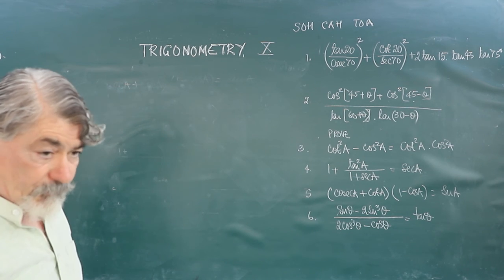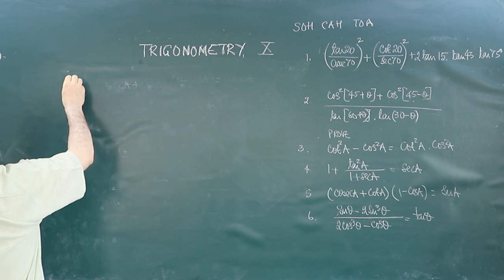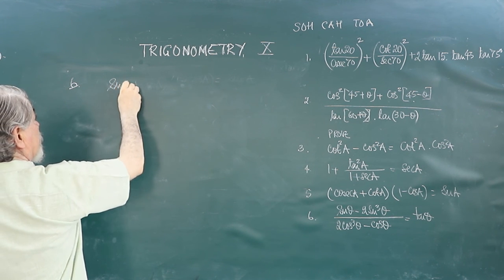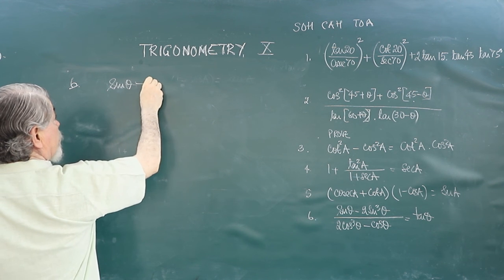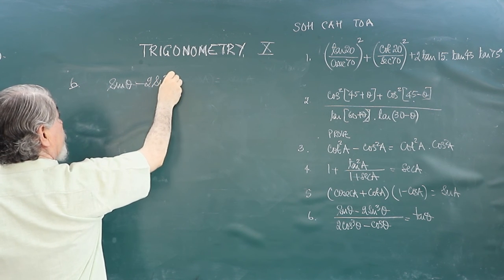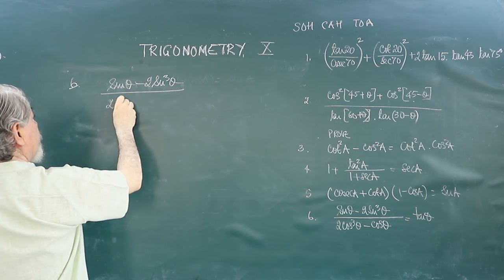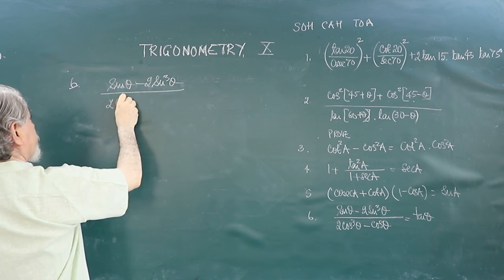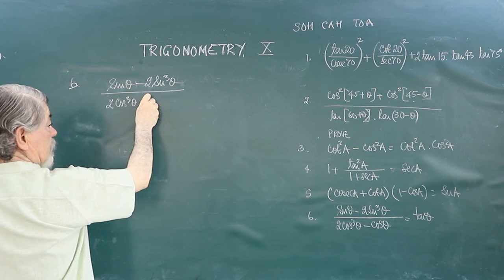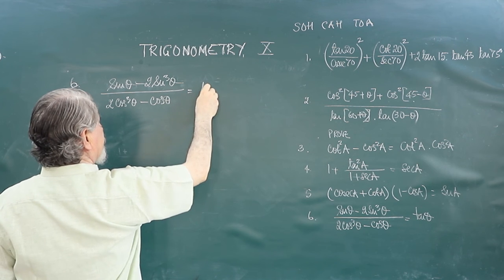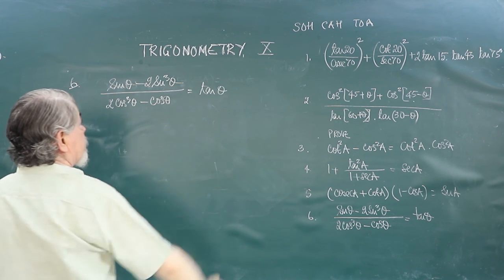Let us see question number 6, which is: sin theta minus 2 sin cube theta upon 2 cos cube theta minus cos theta is equal to tan theta. You have to prove this.